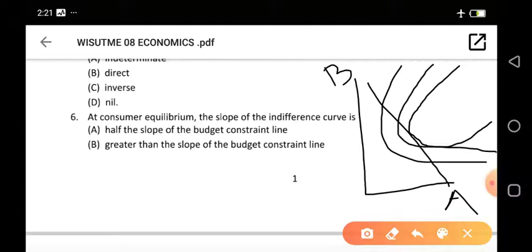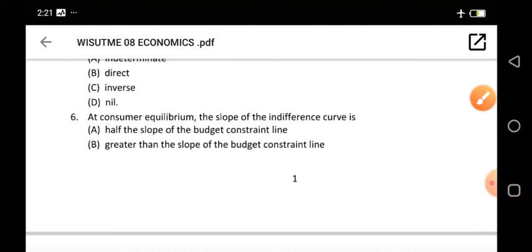So now, if you agree with me on this, the slope of your indifference curve and the slope of your budget line must meet at this point. The point they meet is the point of equilibrium. So take note of this.